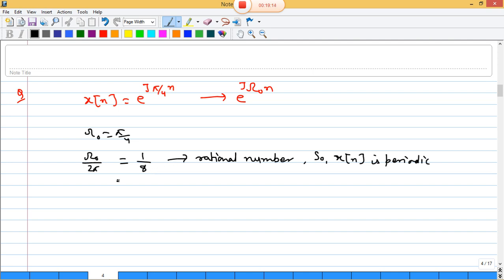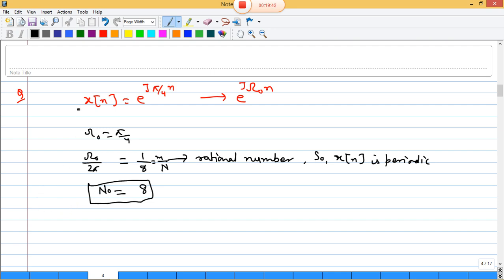Then what will be the fundamental time period? That one is n naught. So n naught is what? This one is equivalent to m by n naught, so n naught will be 8. Clear?